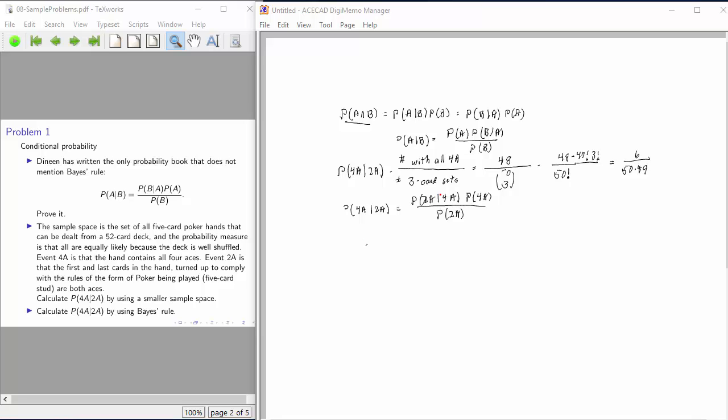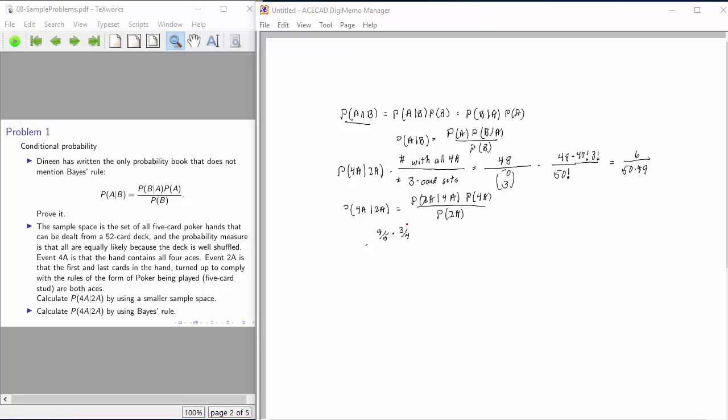Probability of 2 aces given 4 aces is the probability that the event 4 aces has occurred. In other words, my opponent has all 4 aces among his 5 cards, and when he reveals 2 cards to me, they're both aces. The probability that the first revealed card is an ace is 4/5. The probability that the second one is one of the 3 aces among the remaining 4 is 3/4.